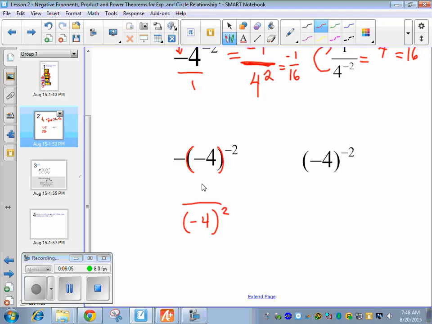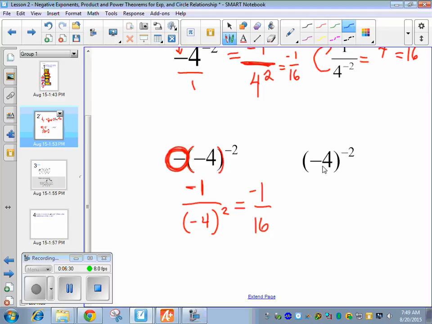We always leave a 1 in the top if nothing is there, and this negative sign here that was not attached can stay in the numerator. We do have parentheses around negative 4, so that means negative 4 times negative 4. So the denominator here becomes a positive 16, and then we still have a negative 1 in the top.